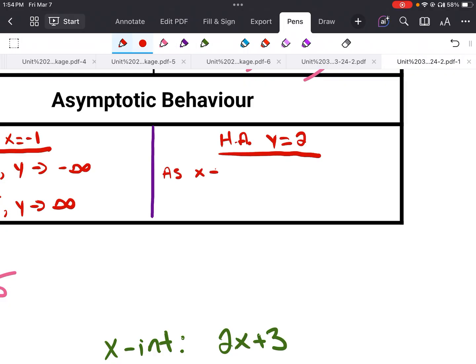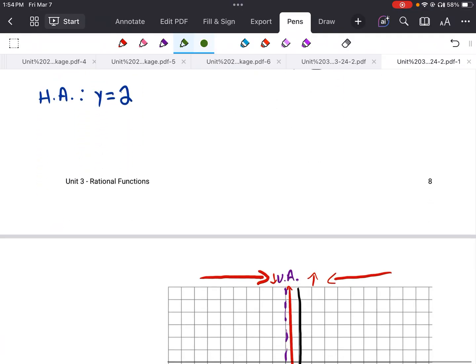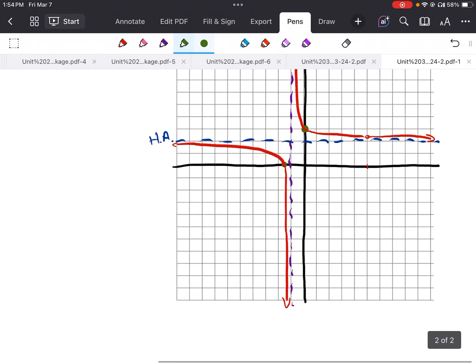As x approaches negative infinity, okay, so as the x's are going this way, the line is getting bigger towards 2.